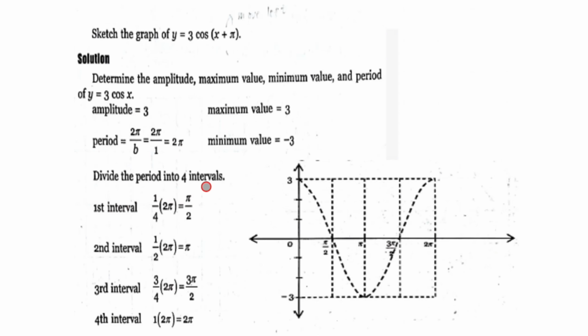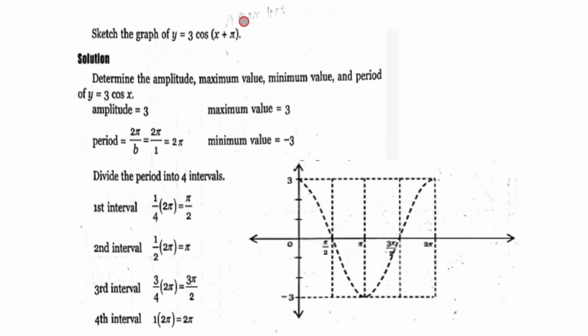Then, interval. So, 1/4 times 2 pi is pi over 2. 1/2 times 2 pi will be pi. Then 3/4 times 2 pi is 3 pi over 2, and 1 times 2 pi is 2 pi. So, this will be pi over 2, this is pi, this is 3 pi over 2, and this is 2 pi.